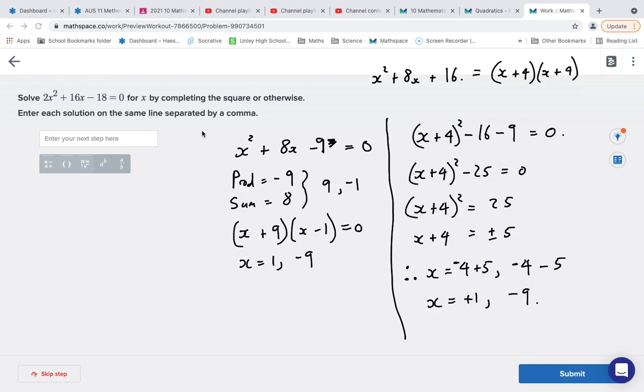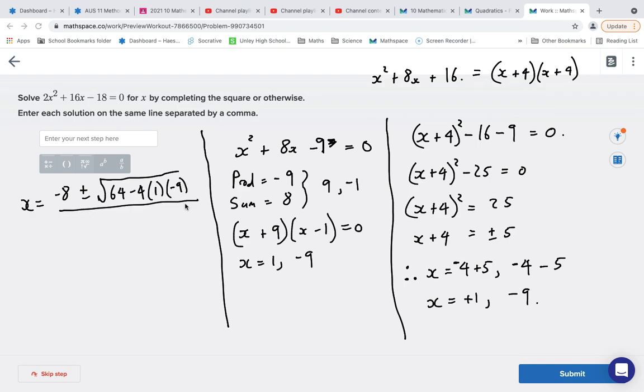So I'm getting ahead of myself because I'm also thinking I could have used quadratic formula, right? So x equals -b plus or minus the square root of b squared, that's a 64, minus 4ac. I always do this in steps to try and make sure I don't make a mistake. So I get the 8 on 2, that's easy.